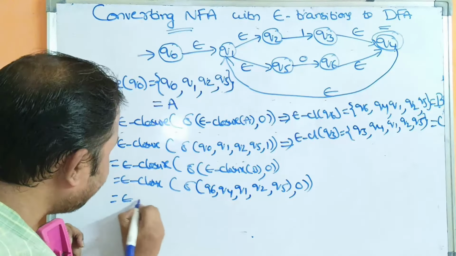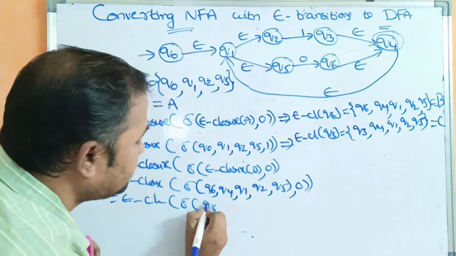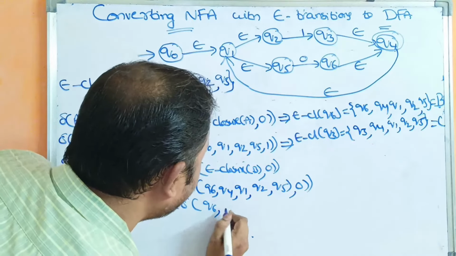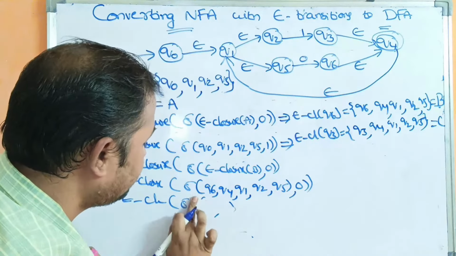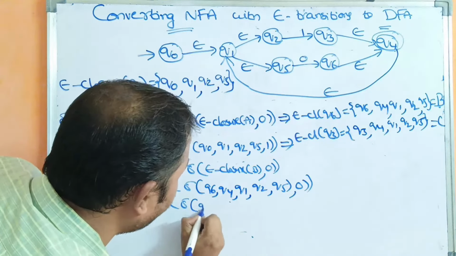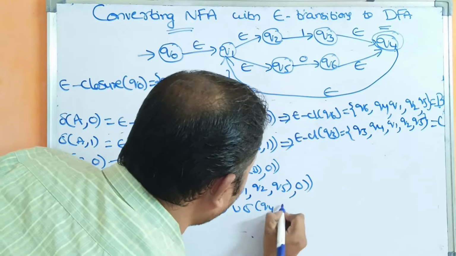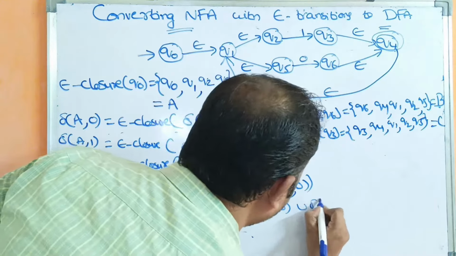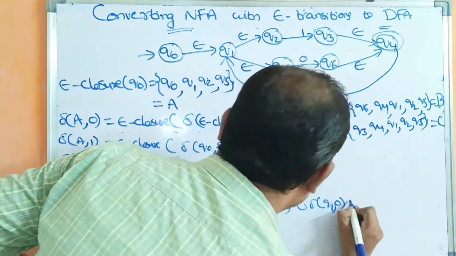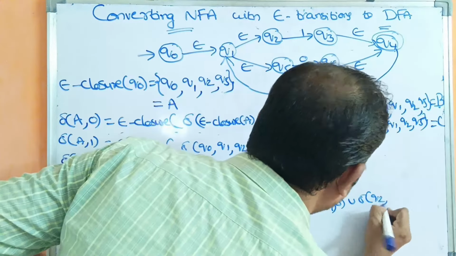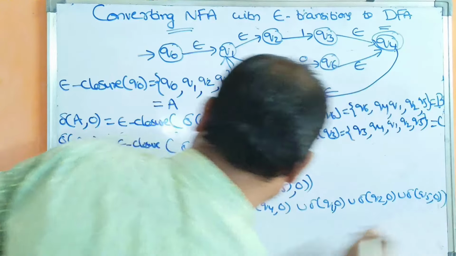So this can be written as epsilon closure of delta of Q6 comma 0 union delta of Q4 comma 0 union delta of Q1 comma 0 union delta of Q2 comma 0 union delta of Q5 comma 0.